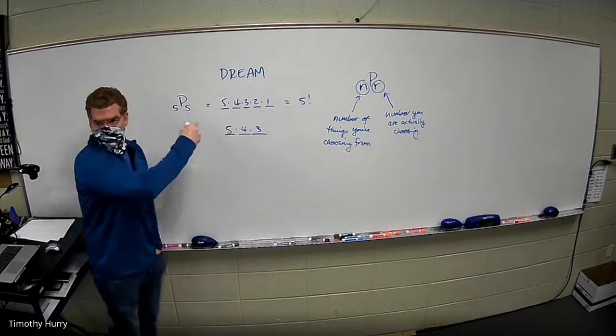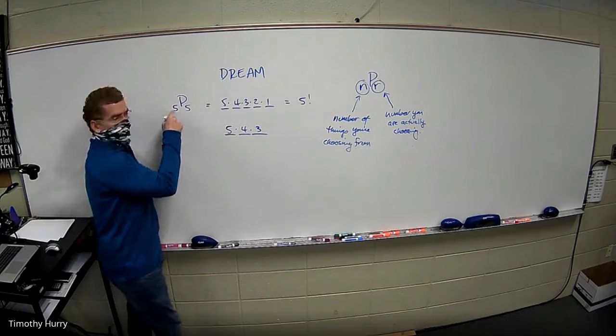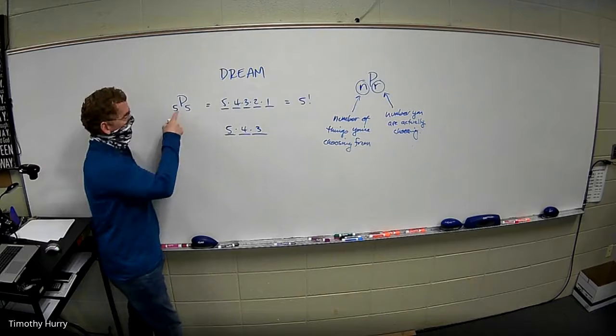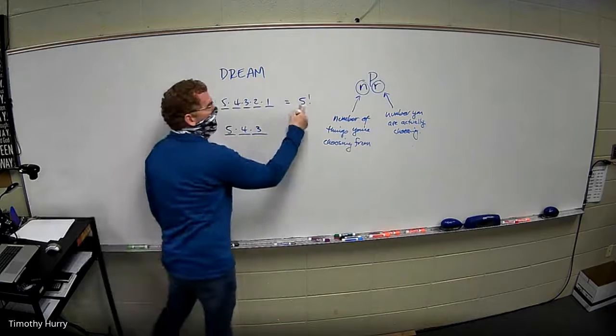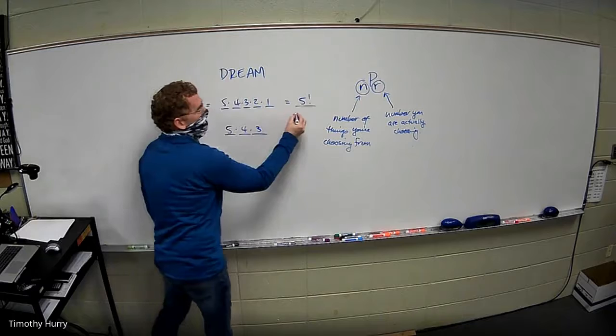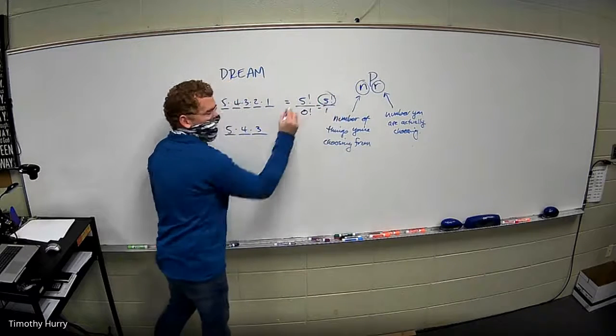And 5P5 does end up giving me that because our rule is what? What's our rule for permutations that we talked about yesterday? It's the factorial in the numerator, and in the denominator, 5 minus 5, and we know that 0 factorial is the same thing as 1. So again, I end up with 5 factorial.